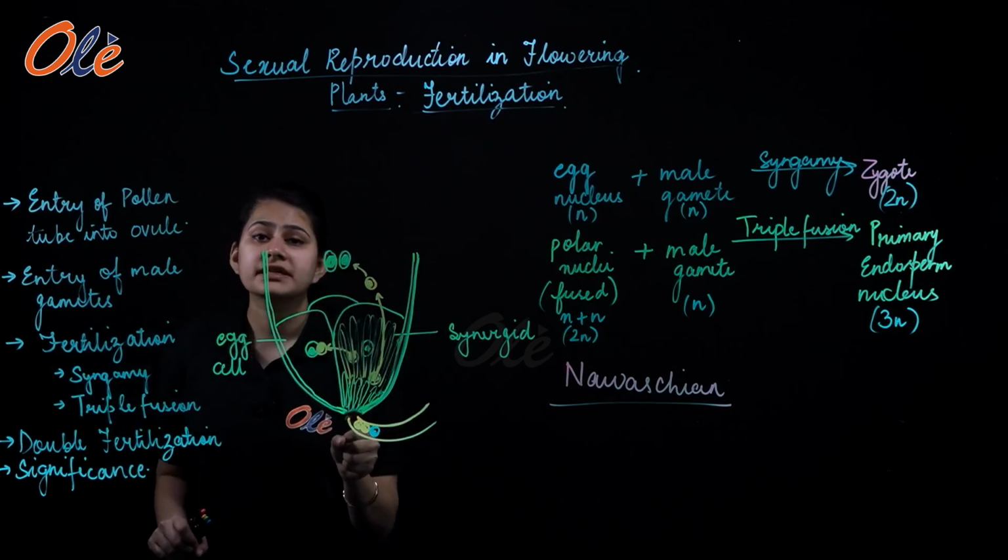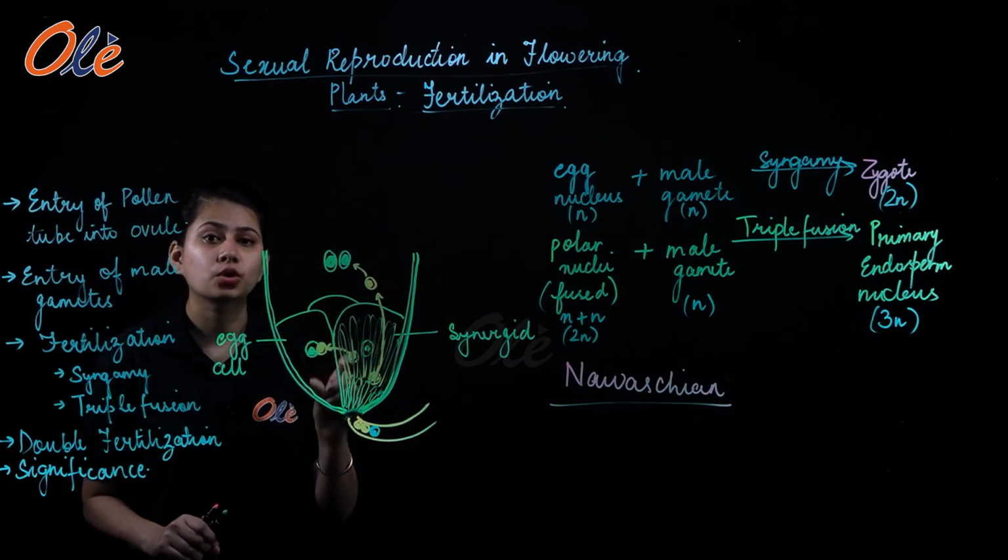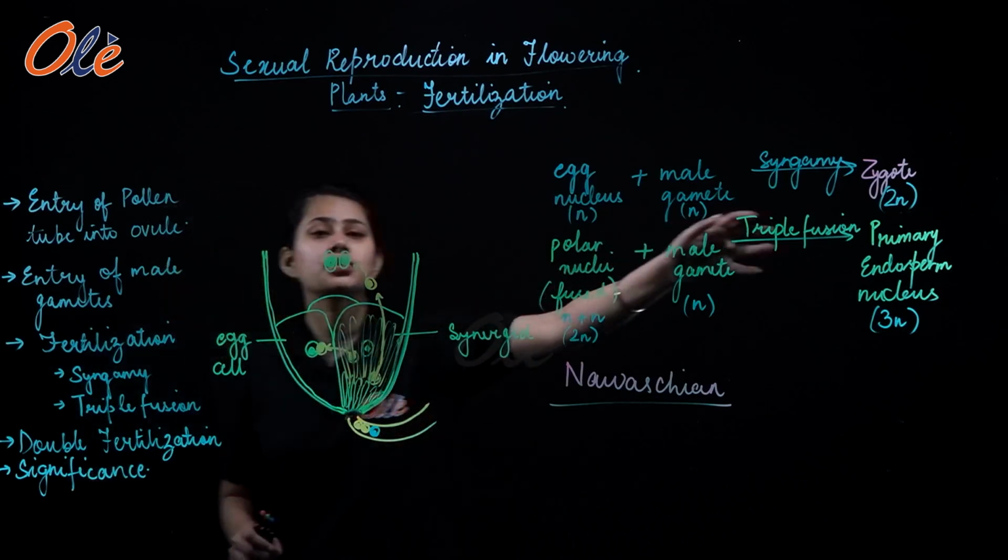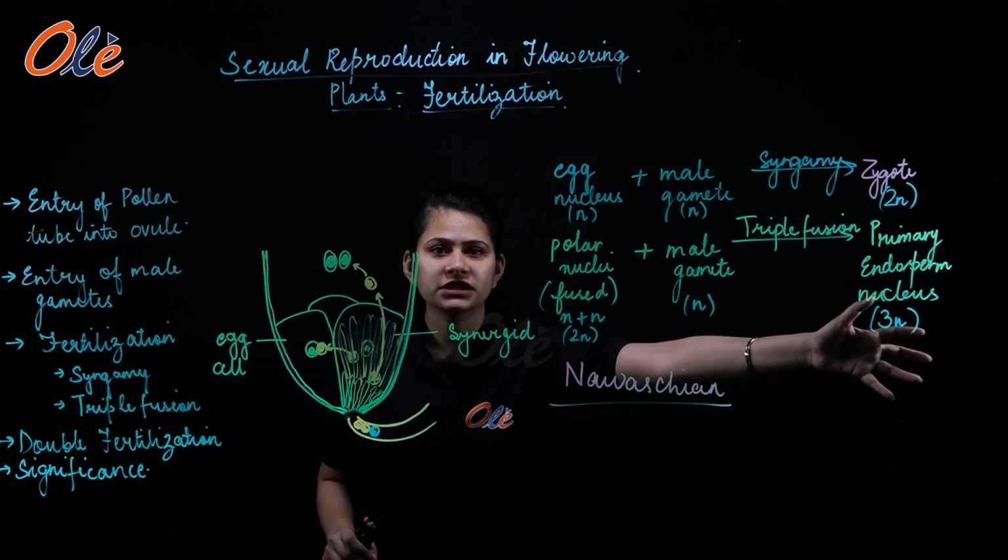Then the other significance is that यहाँ पे एक cue मिलता है growth का, ठीक है? देखो जब triple fusion होता है ना तो ये endosperm form कर देता है.